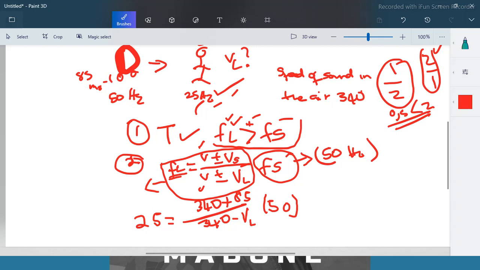From here, you just go ahead and find your VL as a maths learner. I'm here to teach physics, not mathematics. That's how you do your Doppler effect, guys.